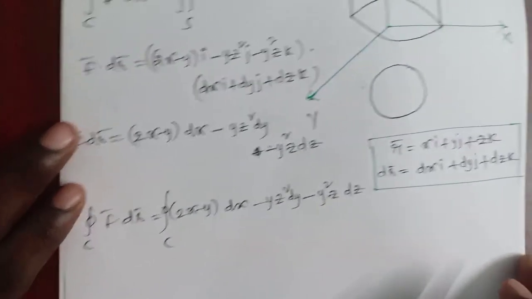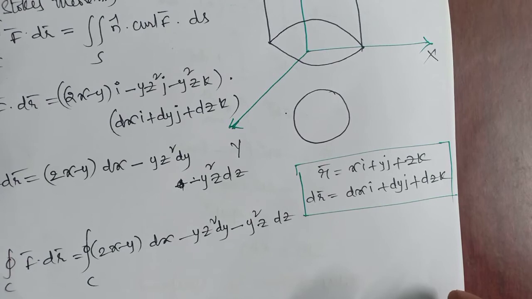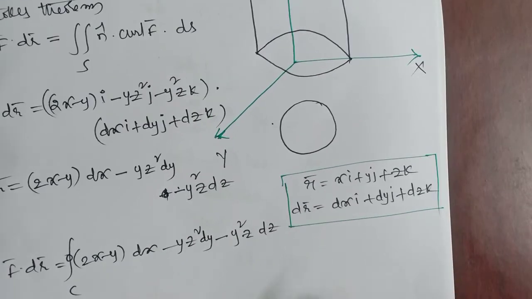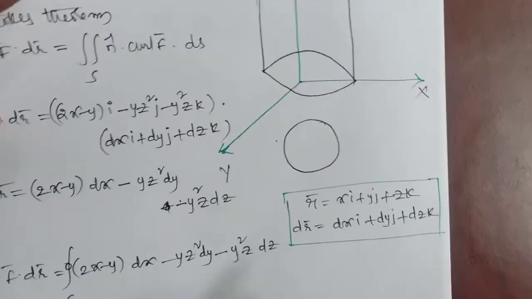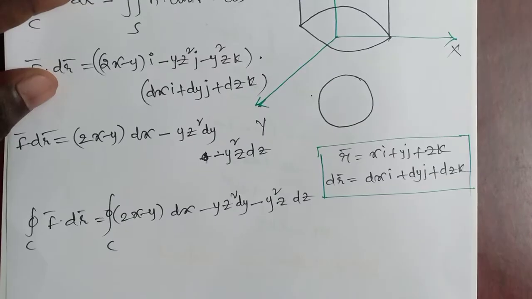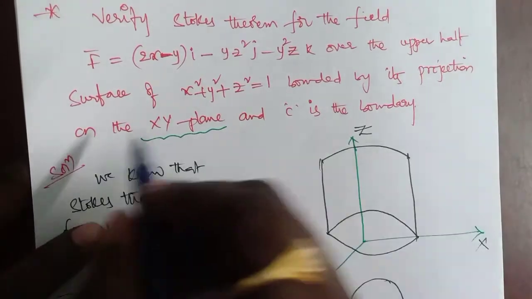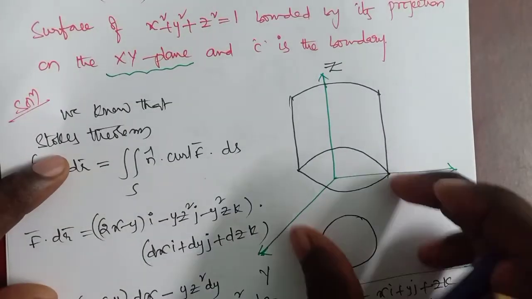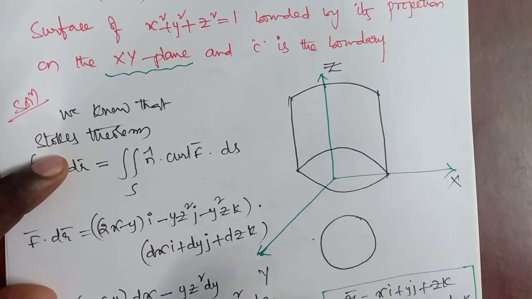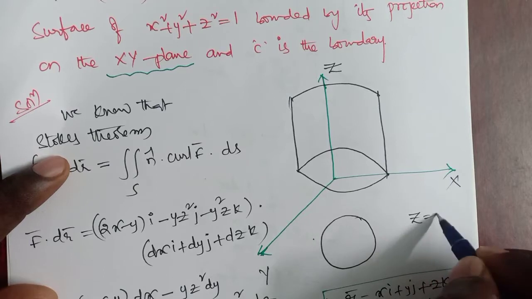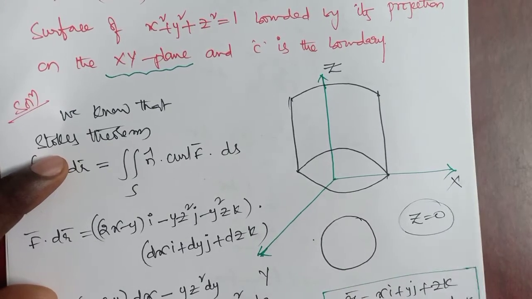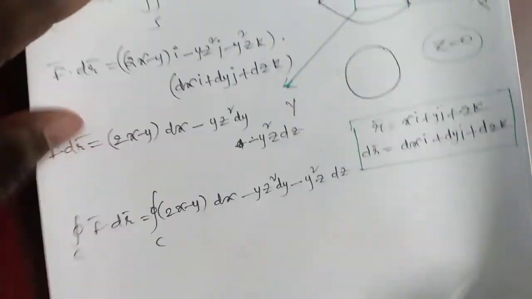Okay, now clearly, coming to this problem, the projection on the xy plane means z equal to 0 in the xy plane. So clearly z equal to 0.